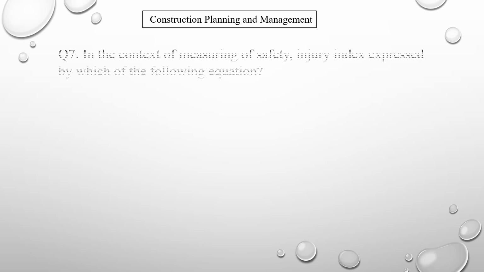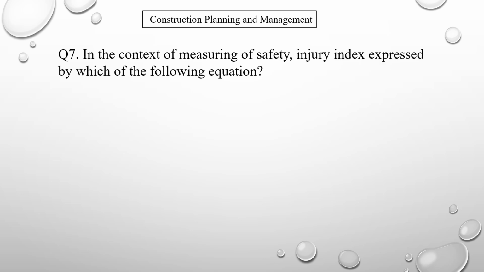Then the next question is from construction planning and management. Question number 7: in the context of measuring the safety injury index, it is expressed by which of the following equations? Here the question is the same, they just ask for the formula of injury index.